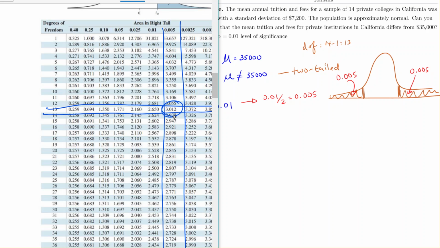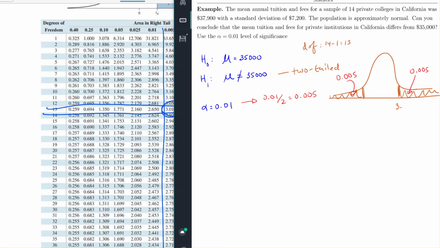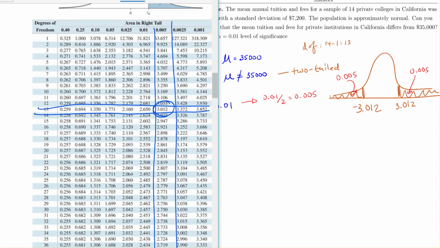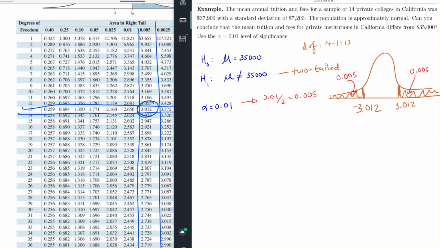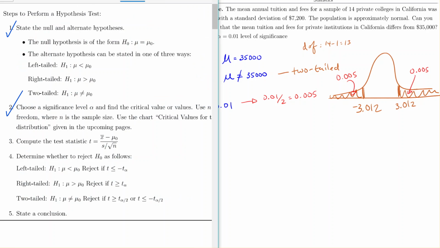So our critical value, the positive version is 3.012, the negative version is negative 3.012. So we now have our critical values. So step 2 is accomplished.